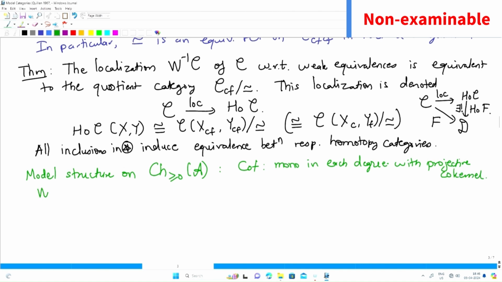Then the weak equivalences, these are quasi-isomorphisms. And the remaining thing, the fibrations, are epimorphisms in each non-zero degree.